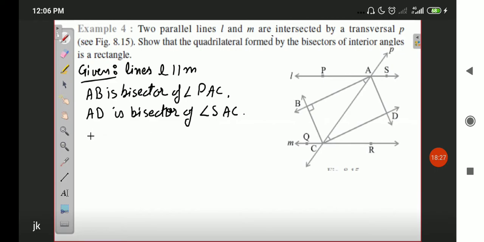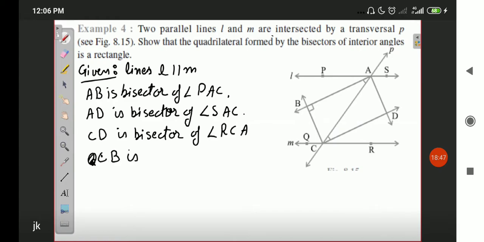Next is CD is the bisector of angle RCA, and CB is the bisector of angle QCA.